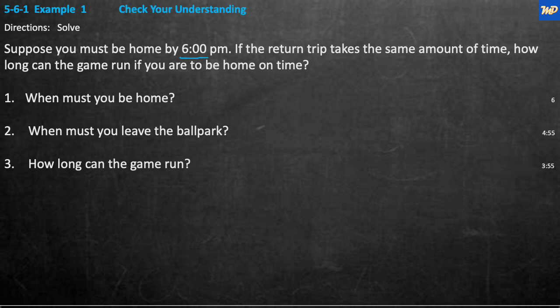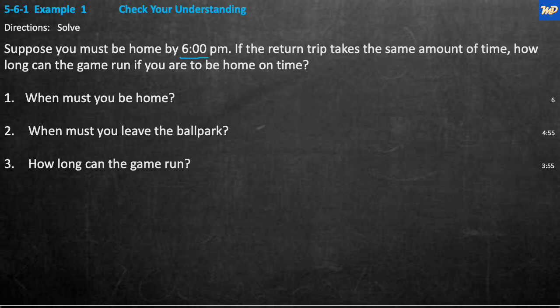So if the trip home takes the same amount of time as it did to go to the game, how long can the game run if you were to be home by 6 p.m.? So the game can run till sometime, and at that moment you're going to get on the train and take your time to get there. So when must you be home? That's your question. Stop the video, think about it, come back with an answer, and then we'll work it together.